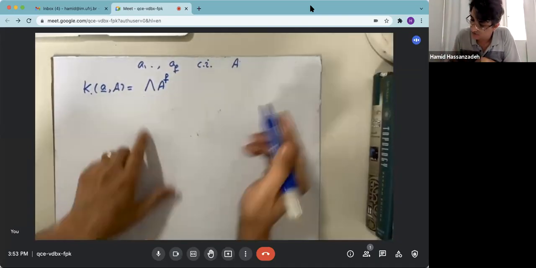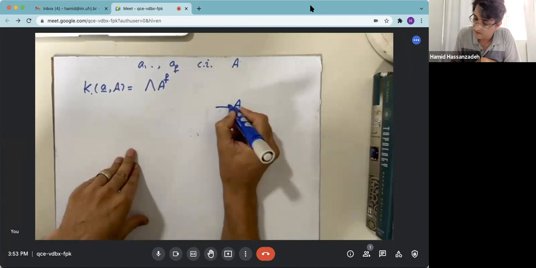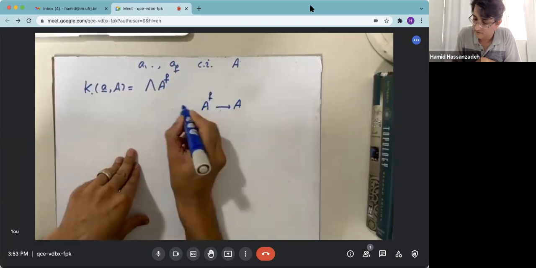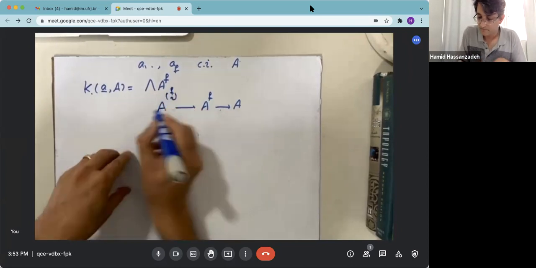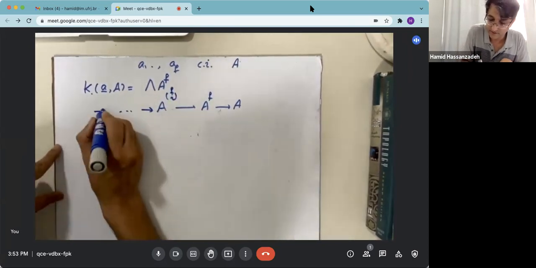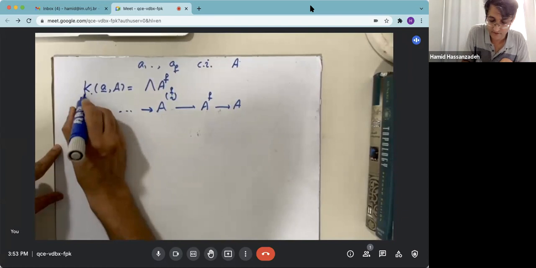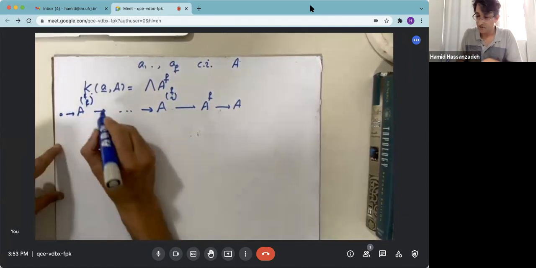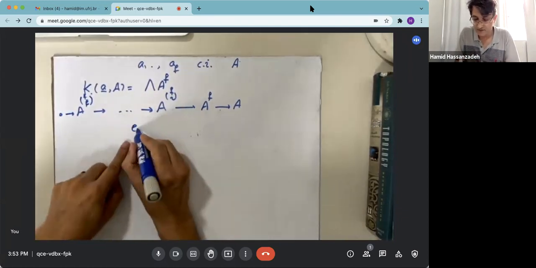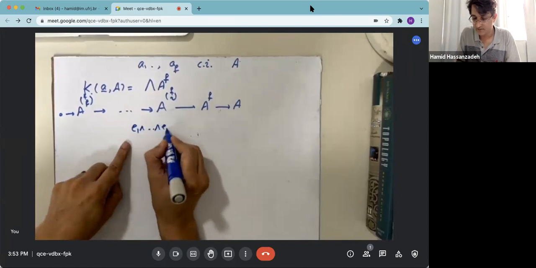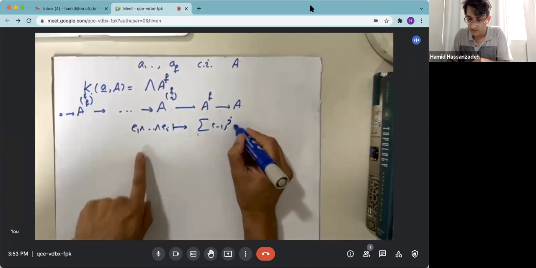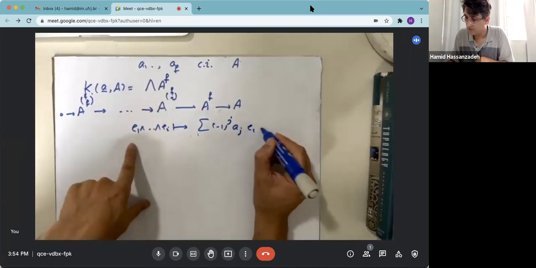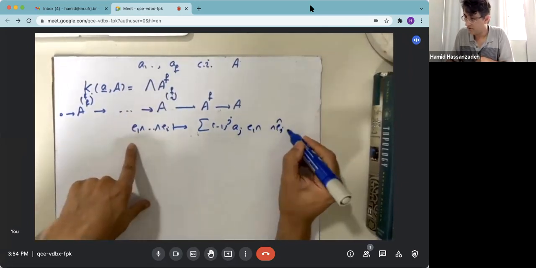If you want, it is just the complex A, then A^F, then A^(F choose 2), and at the end A^(F choose F), and the maps here are just the natural maps. You send e_1 ∧ ... ∧ e_i to the sum of (-1)^j times the wedge with e_j left out, times a_j.